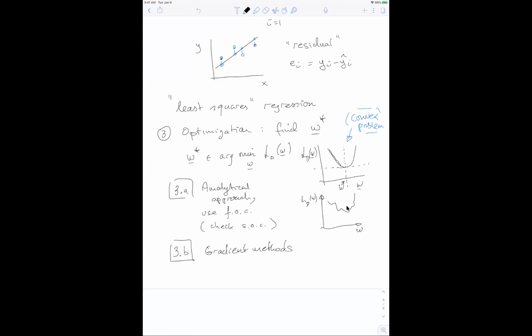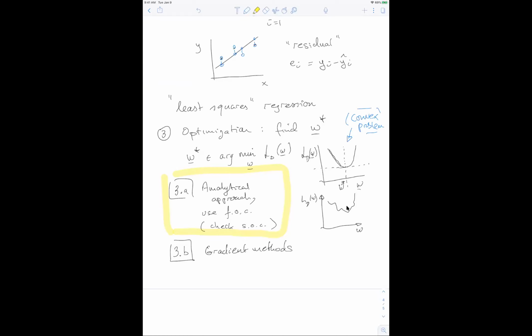These are methods that are going to try to walk through that space and try to find a good minimum, but won't necessarily be guaranteed to solve the problem correctly. And today, we're going to be focused on analytical approaches. Because the nice thing is that by working with the squared residual as the loss function, we'll be able to get an analytical solution. The problem will turn out to be beautifully convex.